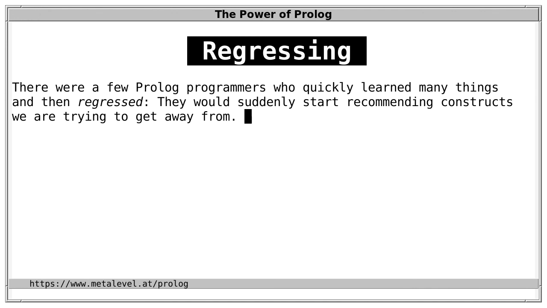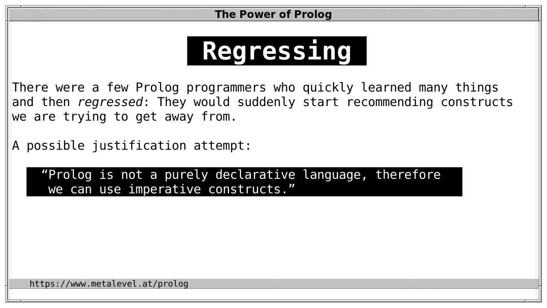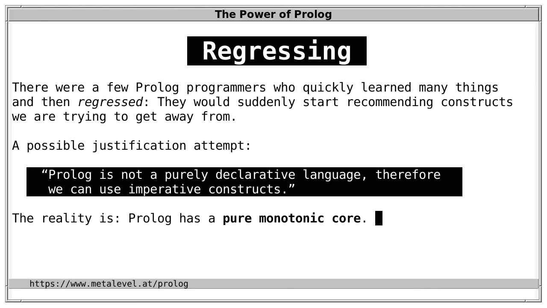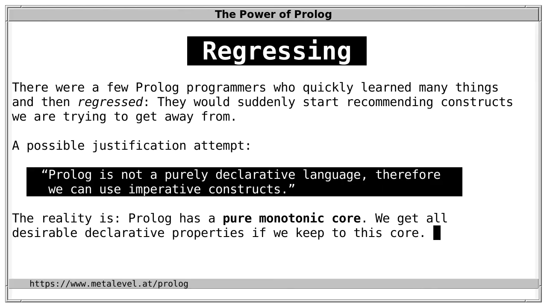And I don't know why such a regression happens. Maybe they internally try to justify it with "Prolog is not a purely declarative language and therefore we can use imperative constructs." But the reality is that Prolog has a pure monotonic core. And we automatically get all desirable declarative properties as long as we keep to this core.